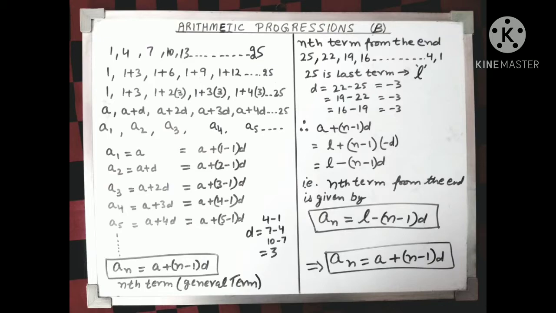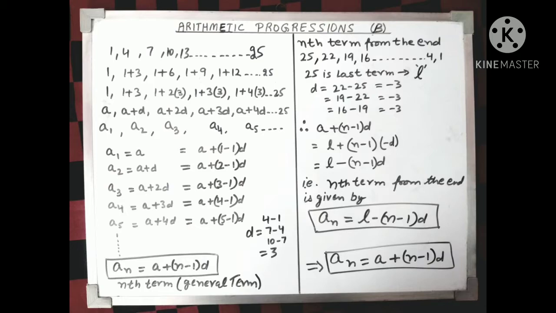Another important point you have to note down here is, if in the question they are asking you to find the nth term from the end, you will see that the sequence given will be closed at the right end, as in this particular sequence 1, 4, 7, 10, 13 and so on till 25.